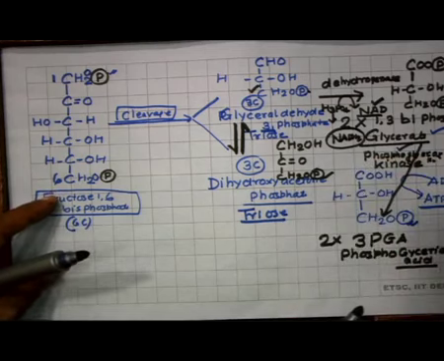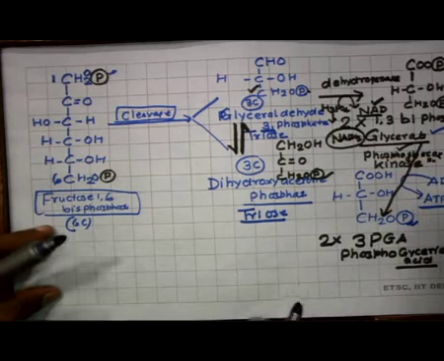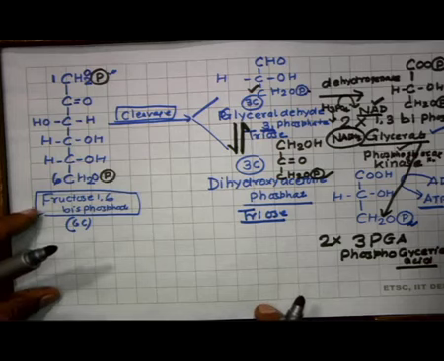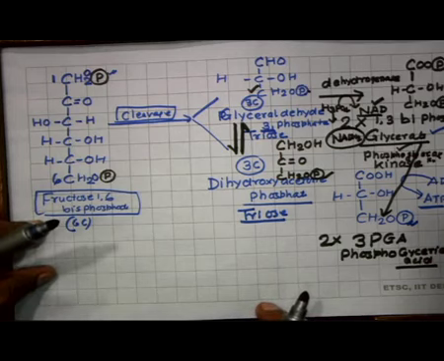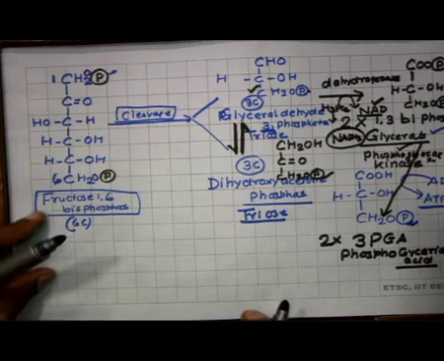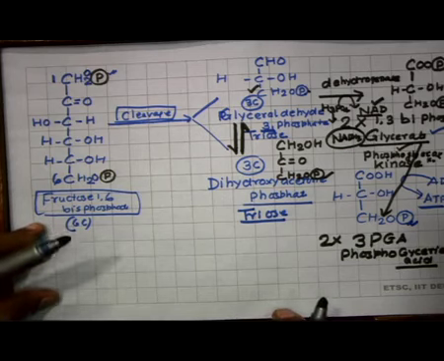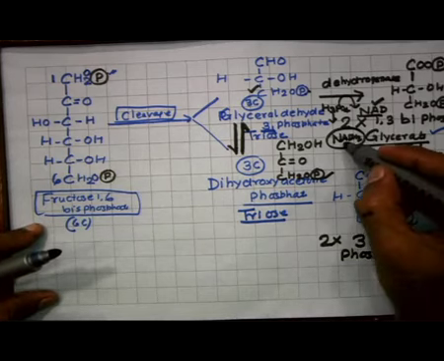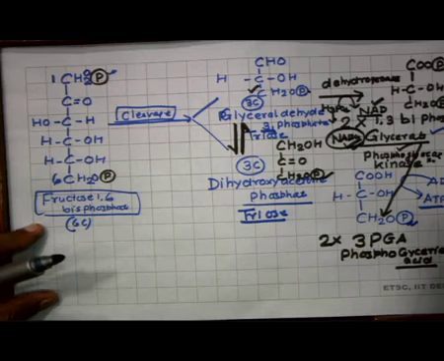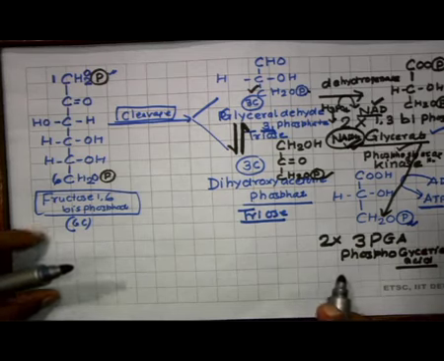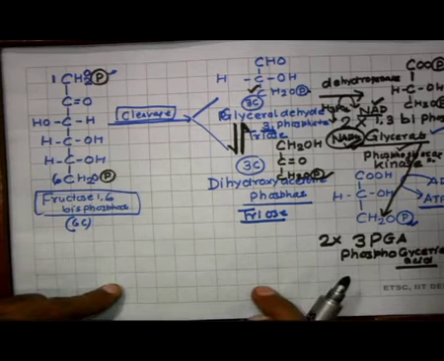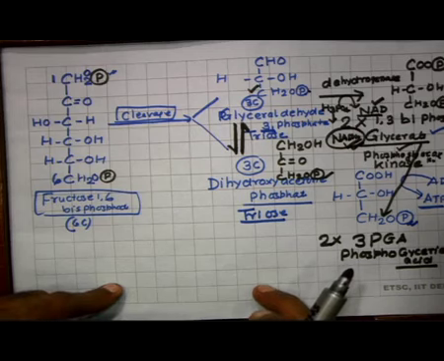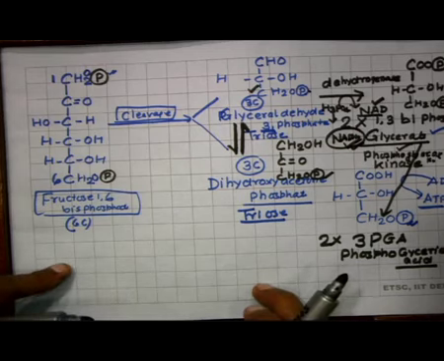NAD is a coenzyme. It is the acceptor of hydrogen atoms, and after combination with hydrogen atoms, it forms NADH2, which in further reactions, in oxidative phosphorylation or the electron transport chain, liberates energy.